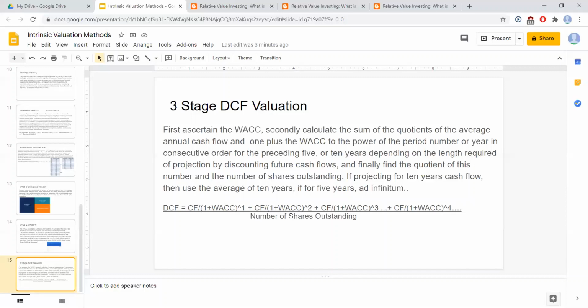So you're really just assuming that the fair value of the company is the sum of its future cash flows for either 5 or 10 years, and then you're assuming the cash flow is the average of the preferred or required duration or period.